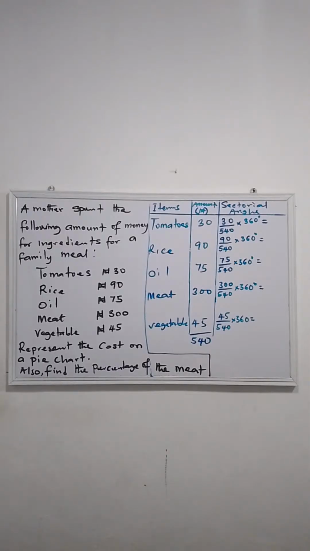All right, I'm not seeing meat, I'm not seeing vegetable. So what do you have for that? Okay, Eniola. All right, I can see someone that has given everything. Okay, so that's what I want. Tomato 20, rice 60, oil 50, meat 200, vegetable 30. Okay, all right.